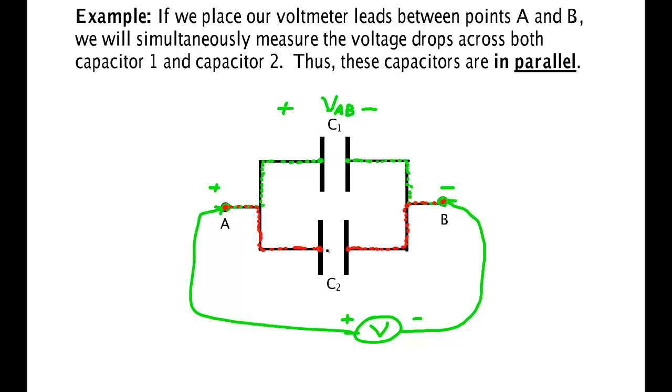So we see that when we connect to points A and B, we have measured the voltage across C2, which is the voltage VAB, and we have simultaneously measured the voltage across capacitor 1, which is VAB. If this is the case, the two elements are said to be in parallel.